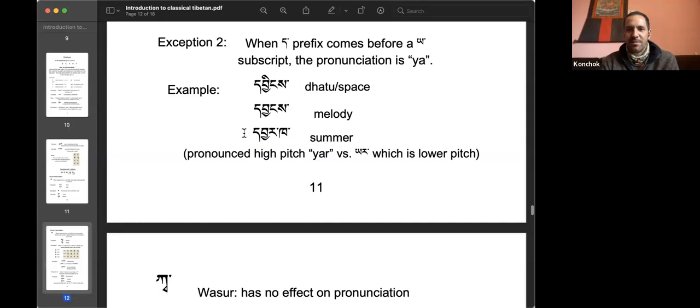And I gave one more example here, which is Yar, means summer. Actually, Yarka means summer. When there is a Dao, it is a high pitch: Yar, Ying, Yang, Yarka. If we see this Yar, it is a little bit lower pitch. Just a little note here on the tone we would use.